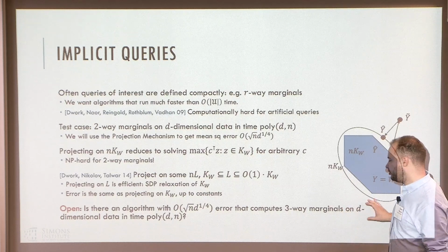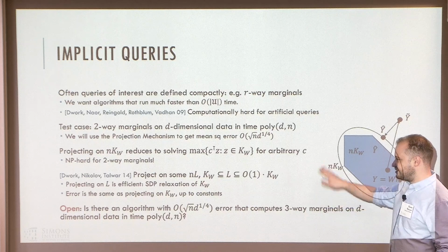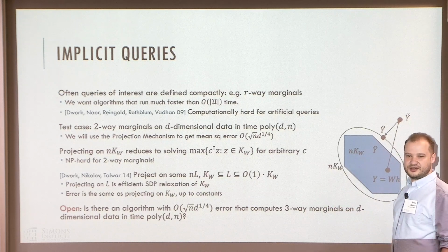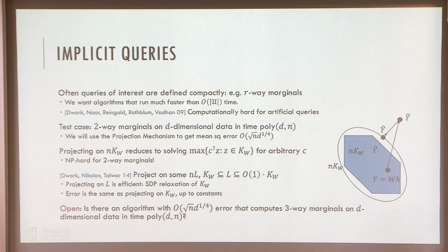But in theory, we don't know an algorithm which is efficient in terms of dependence on dimension and does this kind of thing for three-way marginals. We don't know how to write these semi-definite programs. And there's some evidence that the usual ways to do that don't work. So this is a frustrating challenge that I think many of us have struggled with.